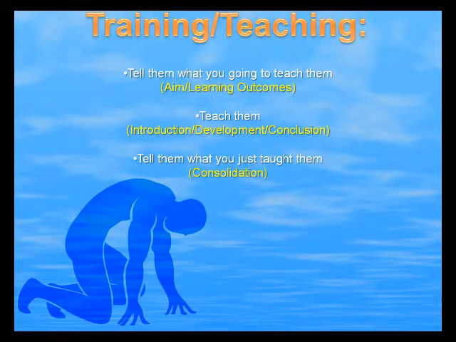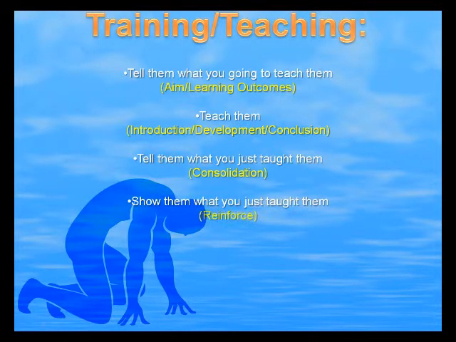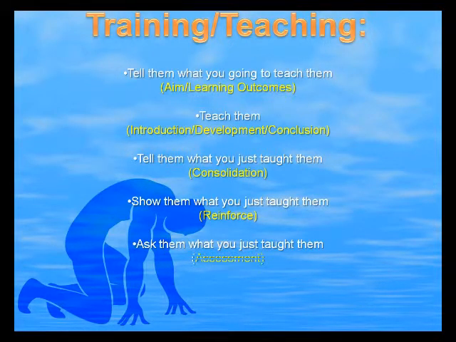This is the consolidation or the key points. Then you show them what you just taught them. This is the reinforcement by way of handouts or textbooks. And then you ask them what you just taught them, which is by way of assessment. And lastly, evaluation. How was your performance as a teacher or trainer?